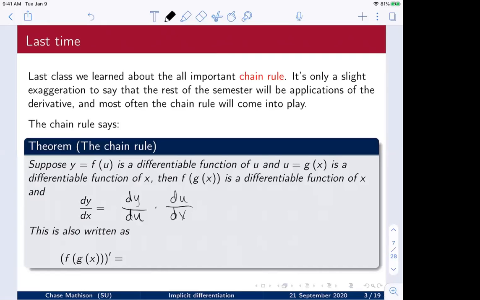Okay. Another way we write this is (f of g of x)' is f' of g of x, so the derivative of the outside at the inside times the derivative of the inside. Okay. So this is the chain rule.